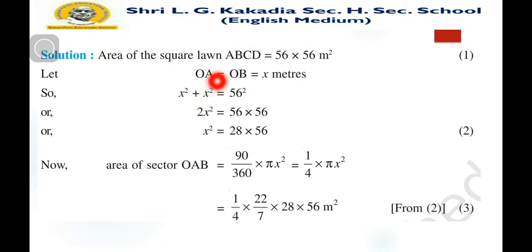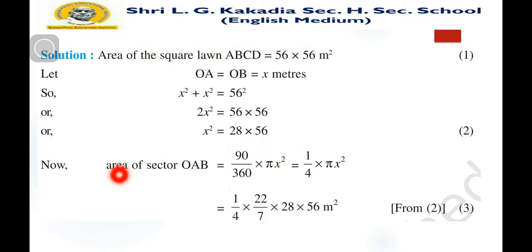Then x square plus x square is equal to 56 square, so 2x square is equal to 56 into 56, and dividing 56 by 2, x square is equal to 28 into 56 meter square.